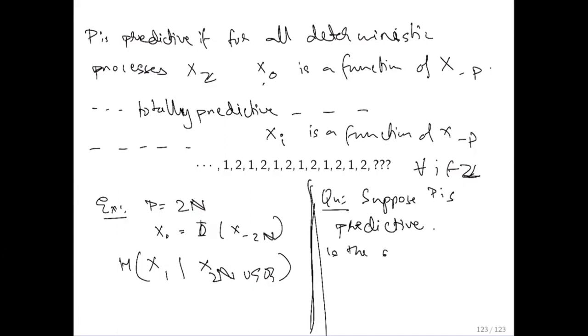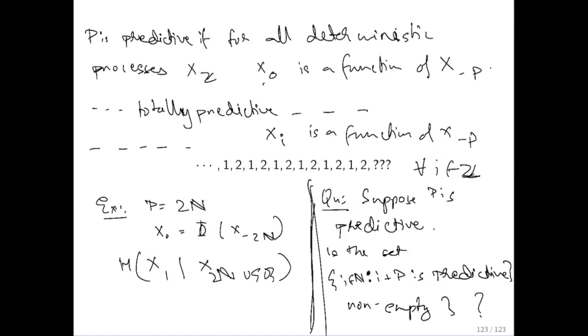Is the set of integers such that I plus P is predictive non-empty? I can even say non-empty. I make this natural number so that this does not become a trivial question. So we should be able to use stationarity, and this should be true. We couldn't do it.